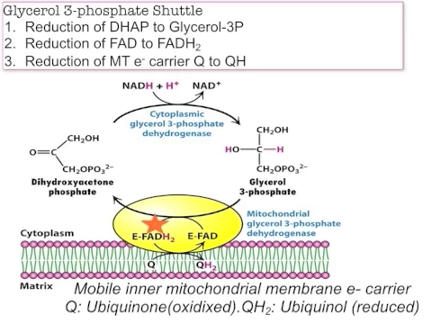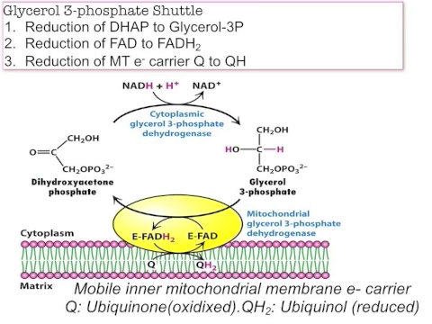But this shuttle doesn't stop here. The electrons that are carried by FADH2 can be passed off to a mobile inner mitochondrial membrane electron carrier that is known as ubiquinone. Now ubiquinone is sometimes called Q10.